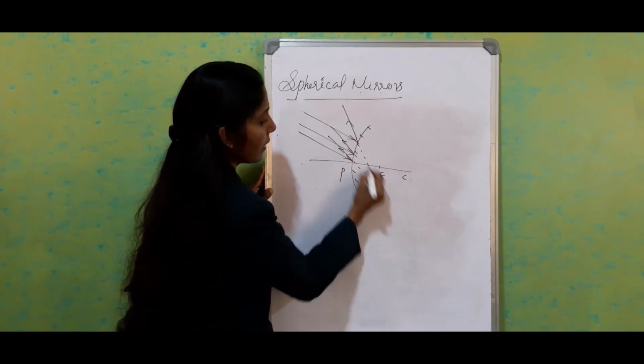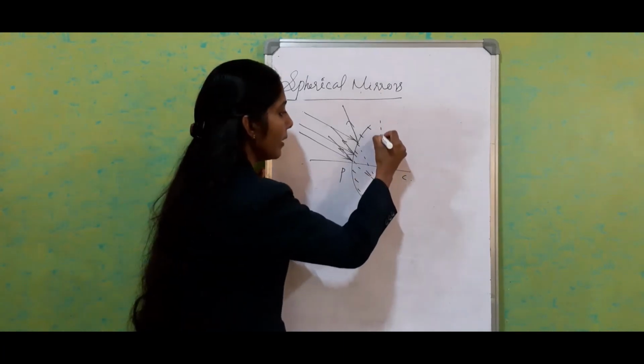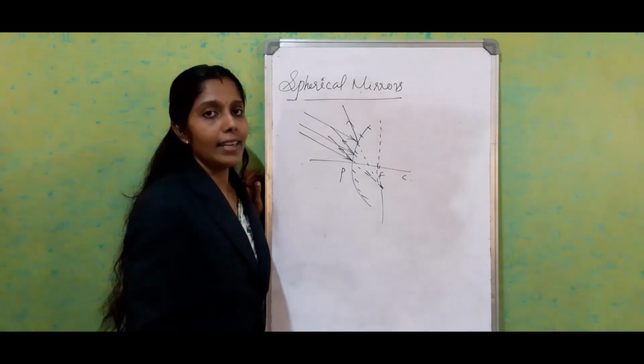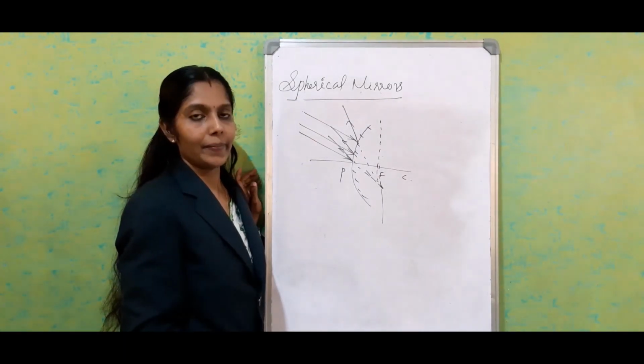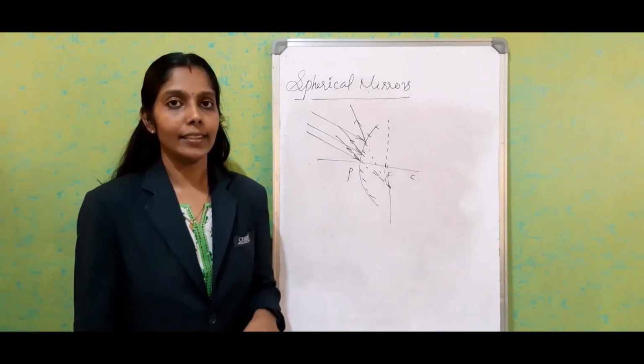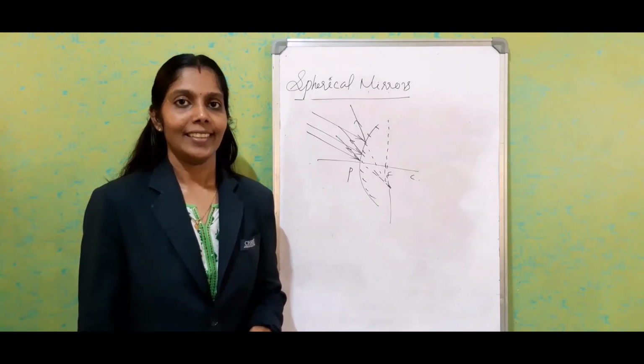This is the focus, and we feel like the rays came from another point in the same plane. So we call this plane the focal plane. So these are the main things we have to consider when we deal with spherical mirrors. Thank you.